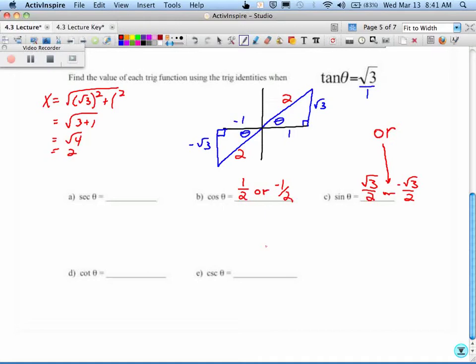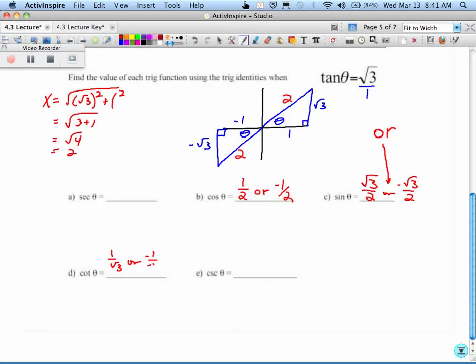Let's go to cotangent next. Adjacent over opposite. It's 1 over square root of 3, or negative 1 over negative square root of 3.